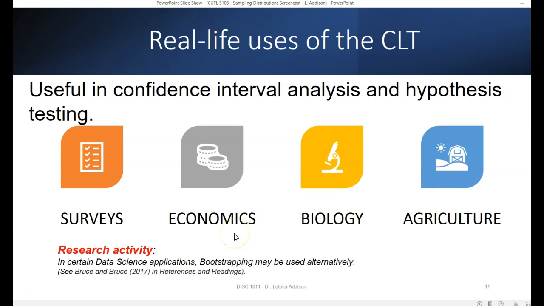An amazing opportunity to research this further in terms of data science applications comes from Bruce and Bruce in 2017, a paper which discusses that bootstrapping is a useful alternative to confidence intervals and the use of the central limit theorem. Feel free to refer to this reading on My Learning.